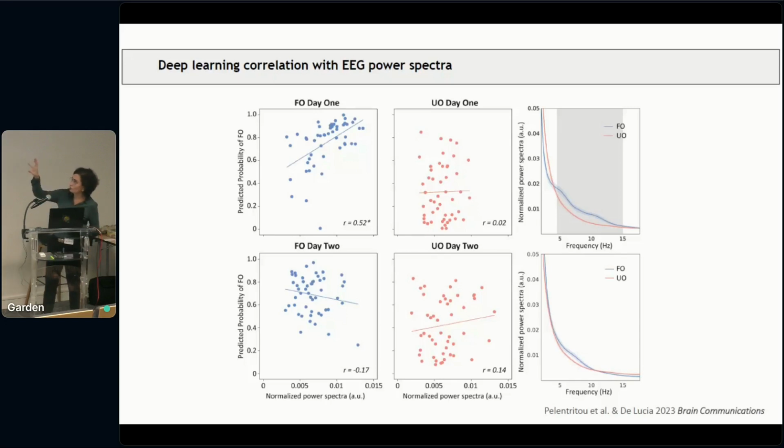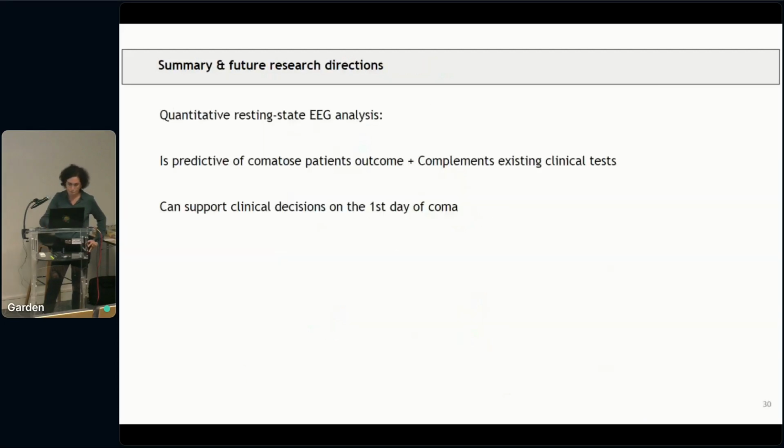And you see that only on the first day, we found a significant positive correlation between the decision of the deep learning and the power spectra, suggesting that when the prediction is optimal, it also uses some of the features that we can intuitively understand in the signal, which is not the case on the second day.